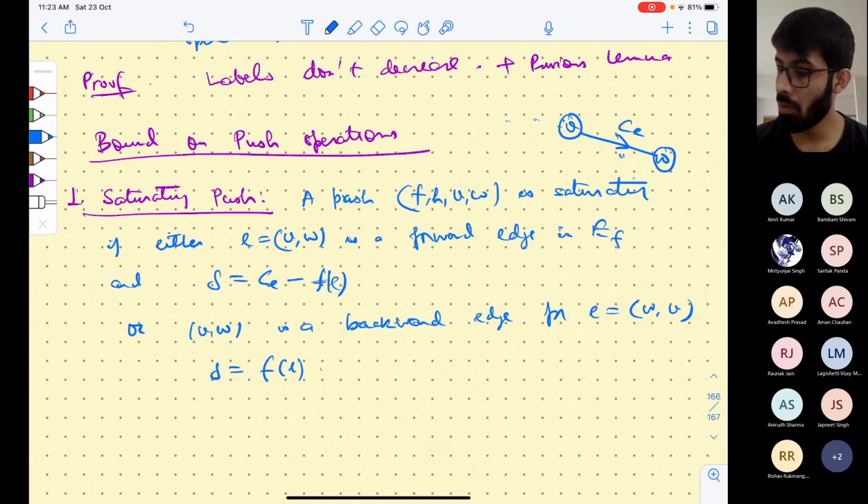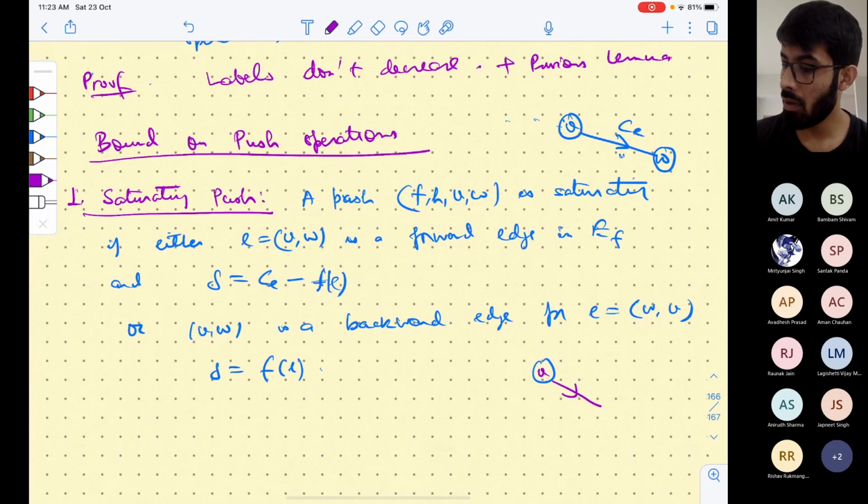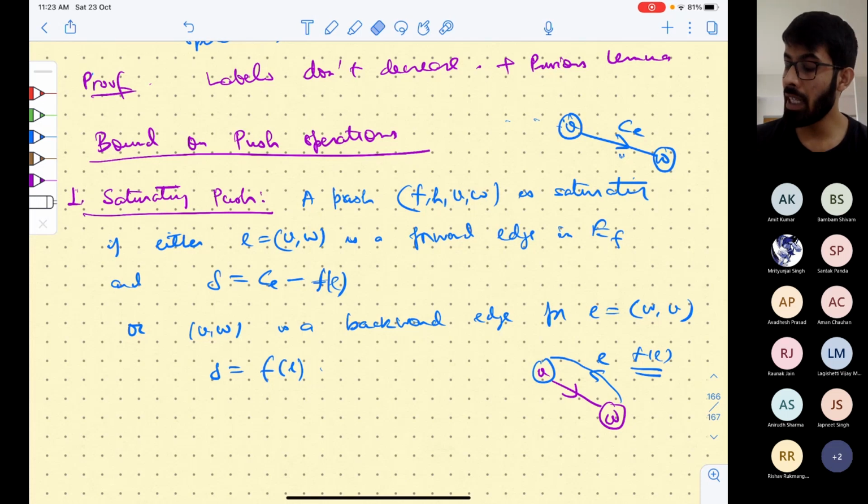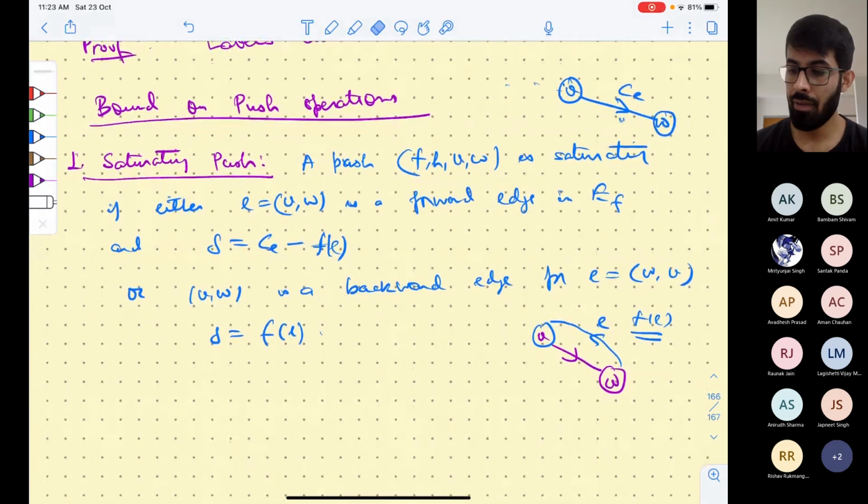Okay. So what is happening in this case? Here this vw is a backward edge, and actually the forward edge is this e, and f of e is the flow on it. So what is common between these two cases of the saturating push?